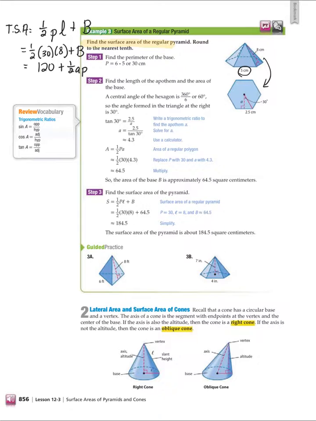Okay, so we have a regular hexagon. Remember, one of the first things we want to do is find that central angle and divide it in half. That's where the 30 came from. That 30 is then formed by the apothem and a radius of that hexagon.